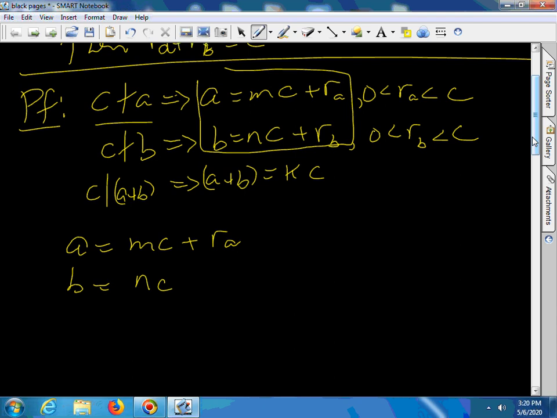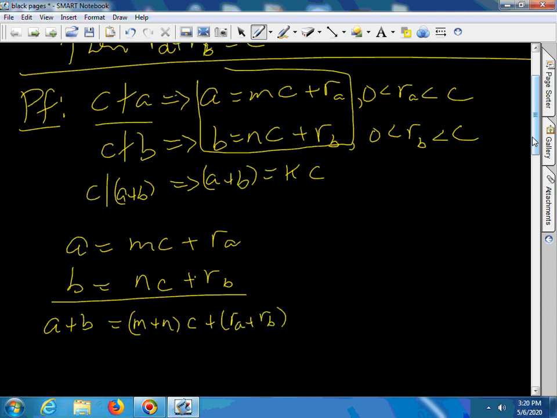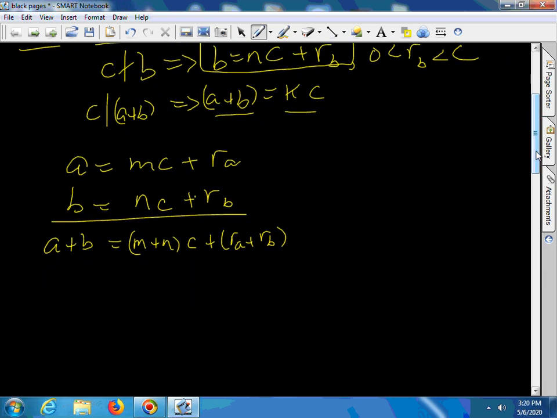B is NC plus RB. And A plus B is M plus N times C plus RA plus RB. But A plus B is KC. So KC is a multiple of C plus RA plus RB.